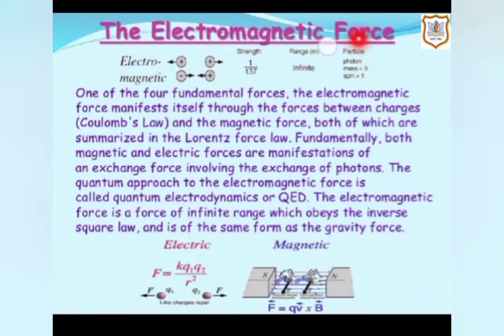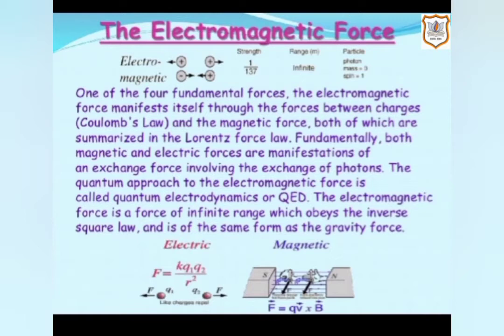The third force is the electromagnetic force. This force is due to the combined effect of electricity and magnetism. When two charges are separated by a certain distance, the force which exists between the charges is similar to the gravitational force, and it is given by the formula F is equal to k q1 q2 by r square.